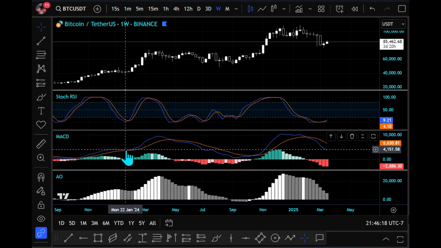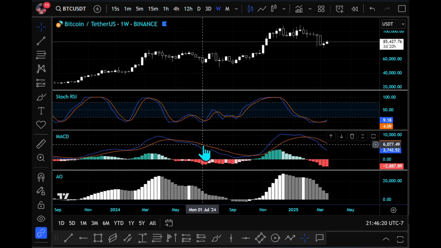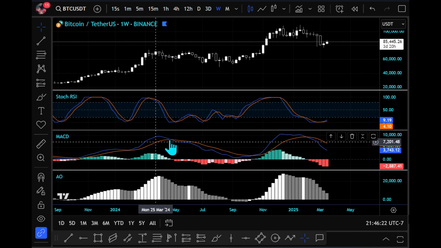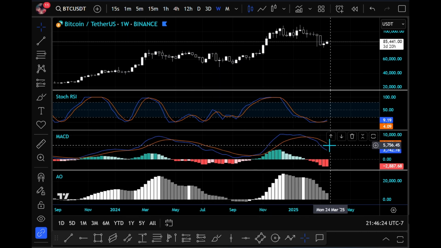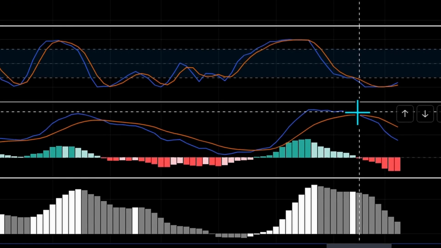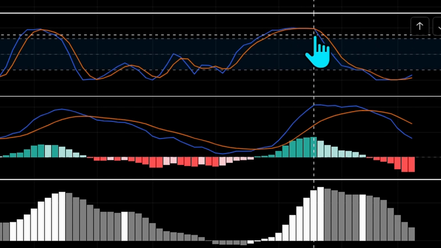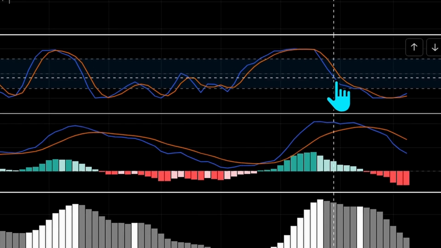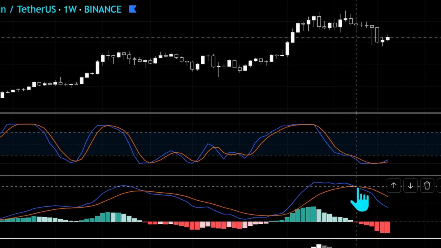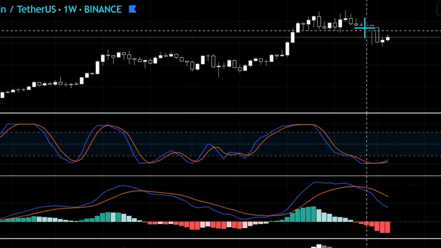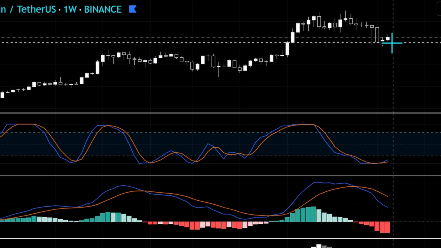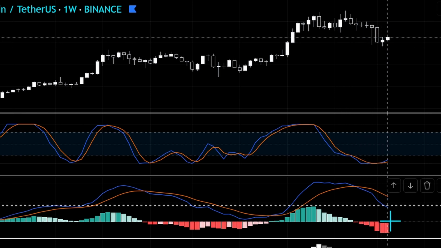The MACD is similar to the stock RSI in that it has the two bands that when they cross, that's usually some sort of signal. You can see the stock RSI gave an earlier signal than the MACD here, and the MACD gave a decently timely signal before we hit that last drop.